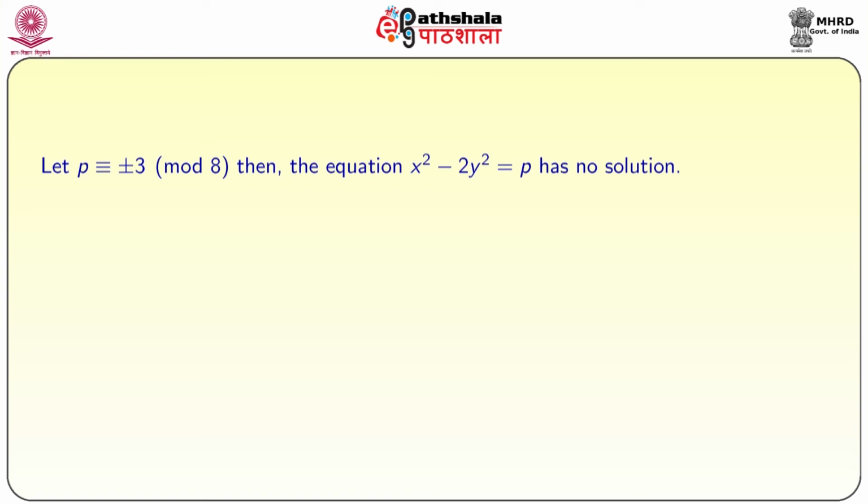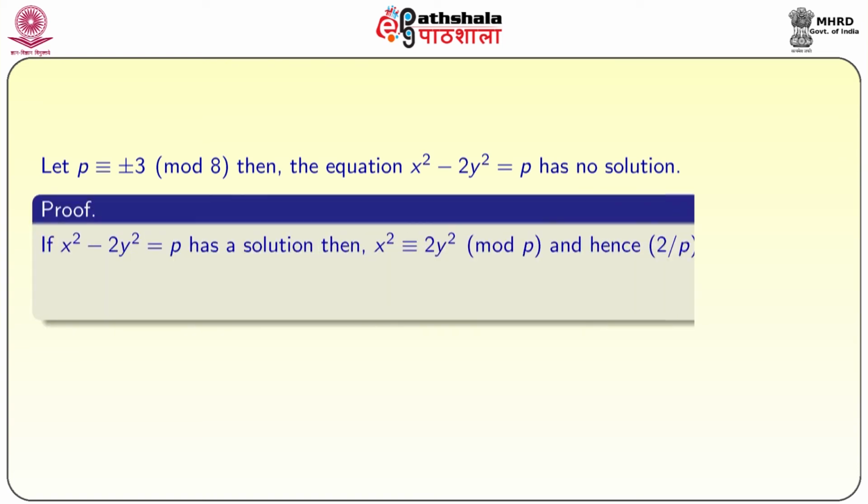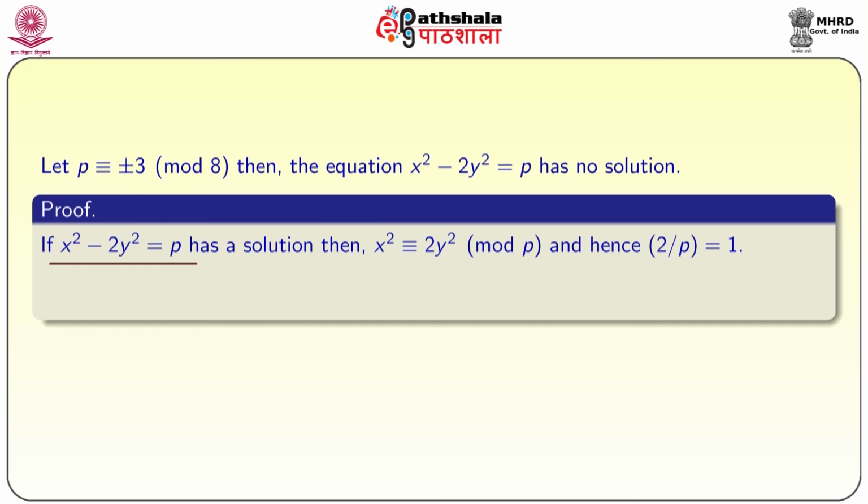That means we are solving some Diophantine equations by using quadratic residues. The proof goes like this: if x square minus 2 y square equals p has a solution, then we saw in the proof of the previous result that x square is congruent to 2 y square mod p, hence 2 is a quadratic residue modulo p.